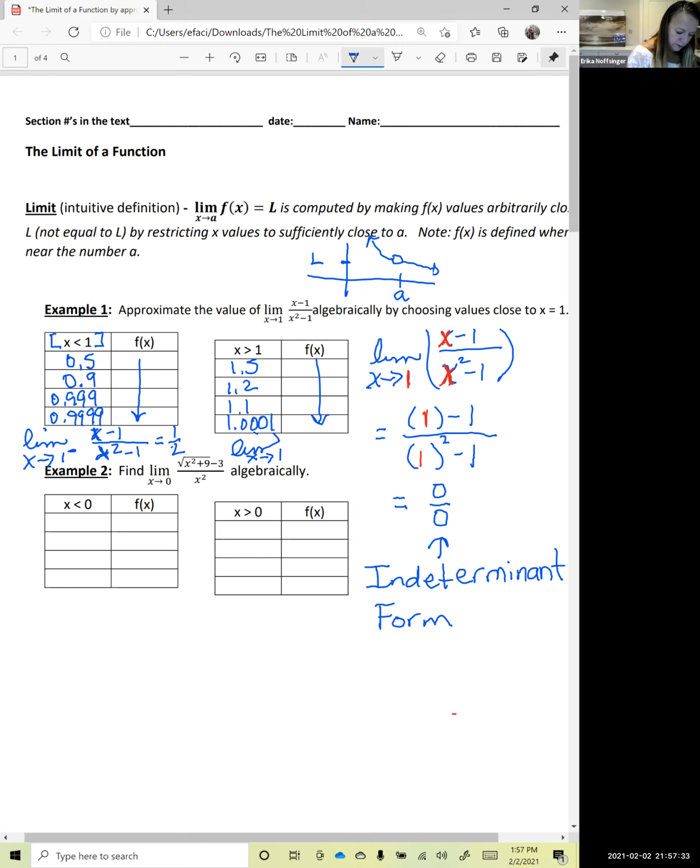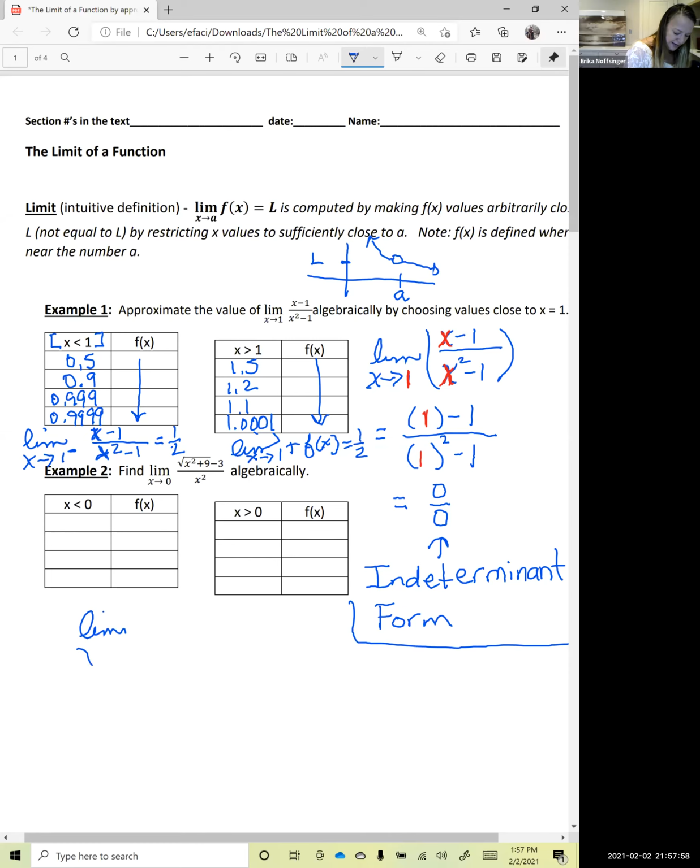So the limit as x approaches 1 on the right of f of x equals 1/2. Notice if we had manipulated this limit first, we would have seen that. Notice that that denominator is a difference of squares, so we could have factored that. And that would have been one way to do it. So let's just look at that.